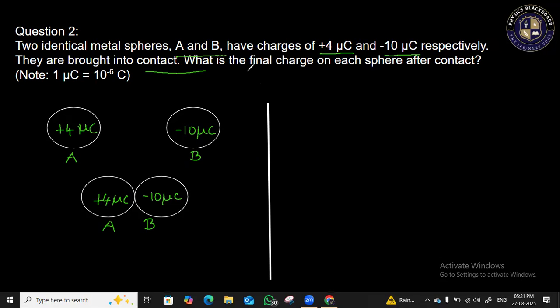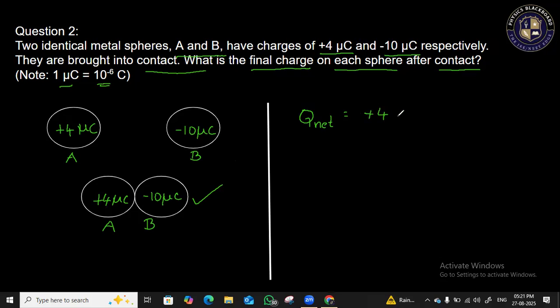Now we need to find the final charge on each sphere after contact. Here they have given micro equals 10 power minus 6, right? Let's see now. When they are kept in contact together, what is the net charge here?